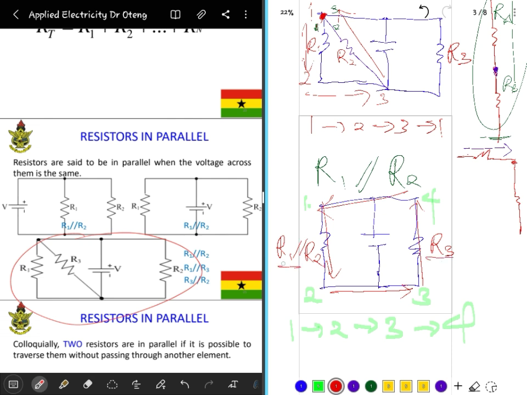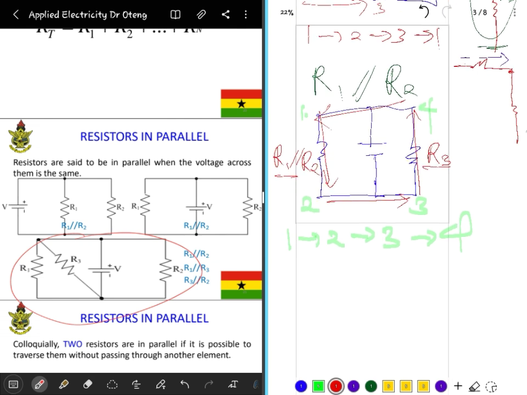So they are parallel. The way we write the resultant of these two is that we consider R1, R2 as one resistance. If we want to find the resistance in this whole circuit, we put it in brackets and say R1 parallel R2 is parallel to R3. So that's it.